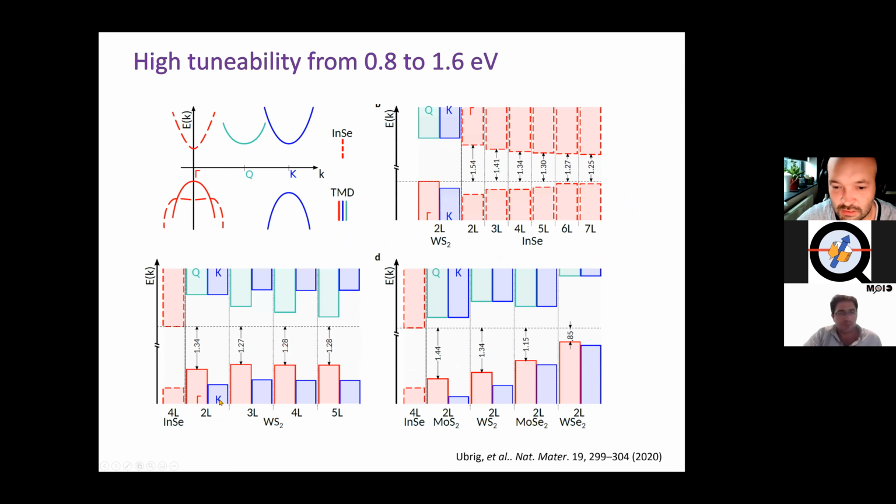So here's just an accompanying theory that shows you all kinds of different combinations between tungsten sulfide, molybdenum sulfide, so all TMDs combined with indium selenide to achieve the emission you like. So it's a highly tunable system where you can achieve easily pretty much any wavelength between, say, 0.8 and 2 eV.